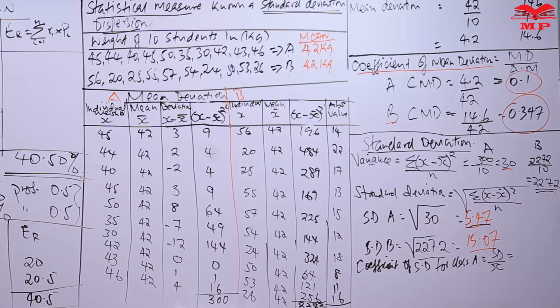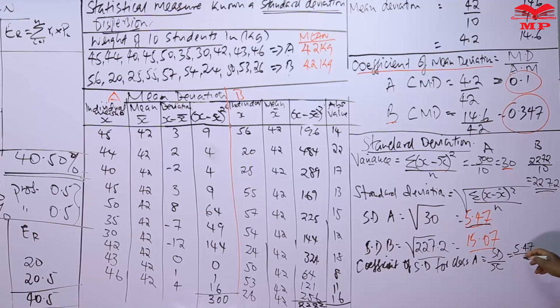The standard deviation here is 5.47 divided with a mean of 12.